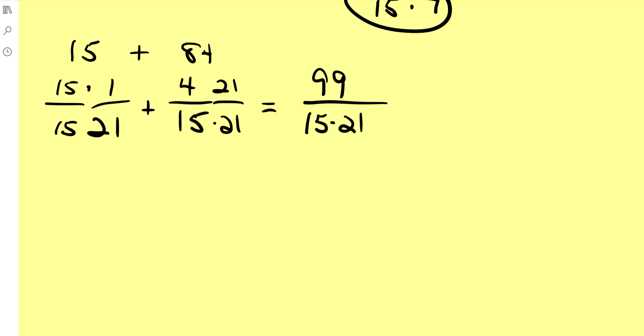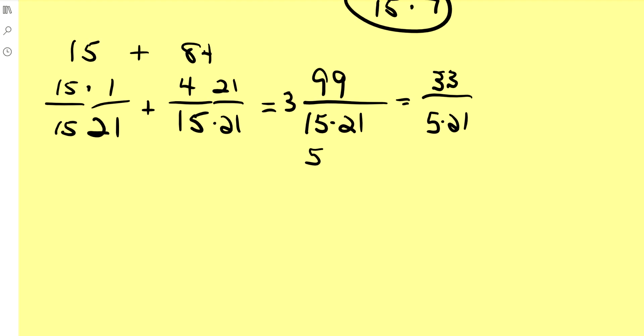Okay. And now I'll take it from here to say, well, let me figure this out. I've got 15 here and 21 and a 99 on top. Well, it looks like 3 goes into 99. 3 will go into 99 33 times. And then 3 goes into 15 5 times. Okay, so that means I'm going to have over here 5 times 21.